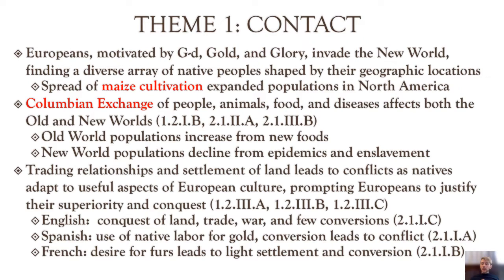Maize greatly increased the amount of calories available to North Americans and South Americans, and it led to some pretty big urban settlements. We might not think of them as urban in our terms, but they were large for their time and large in comparison to many European settlements.